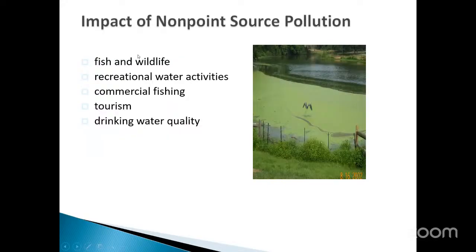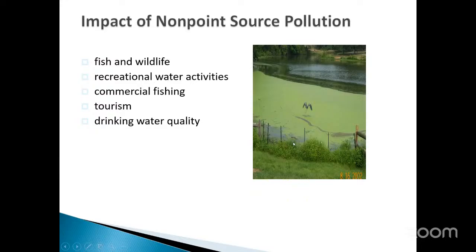Agricultural waste contains different types of chemicals. We use different agrochemicals, chemicals used in agriculture, fertilizers and pesticides. Fertilizers are nothing but nitrogen, phosphorus and potassium. Rainwater carries all those pollutants and they enter the nearby water body, causing water pollution, right?